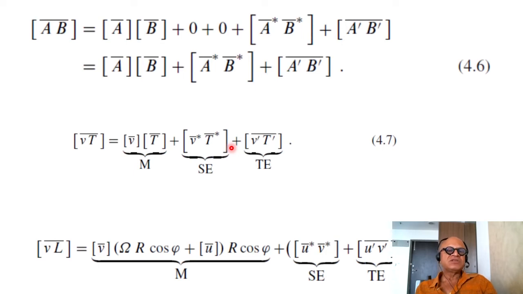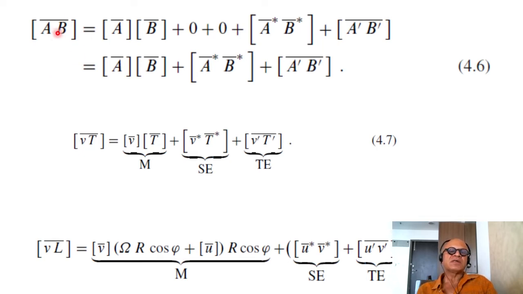Okay, to do this mathematically, we have to go back to what we did before in terms of finding the mean, or spatial and temporal mean, of transport terms, typically like A times B, where we had written them as A bar plus A prime plus A star, where we had written stationary eddies and transient eddies.